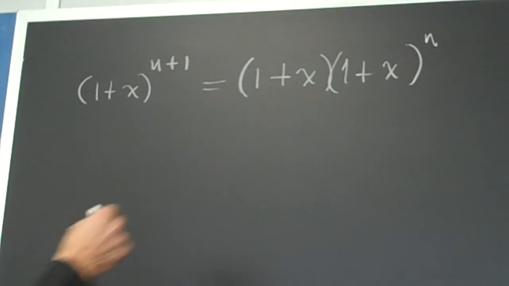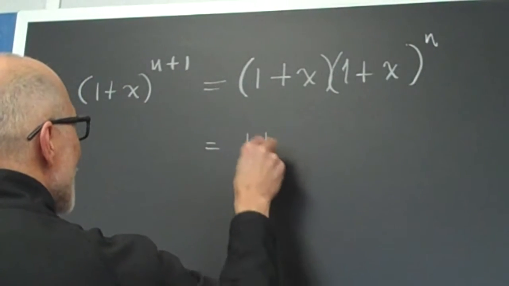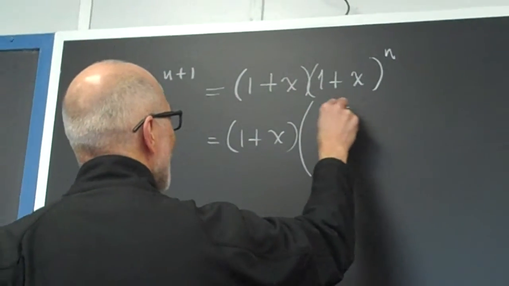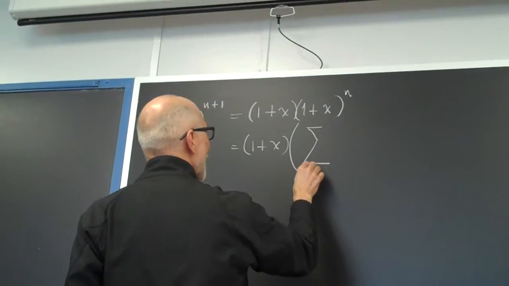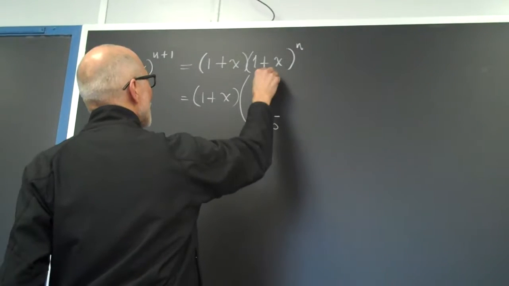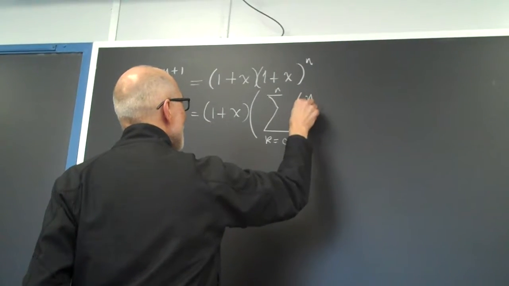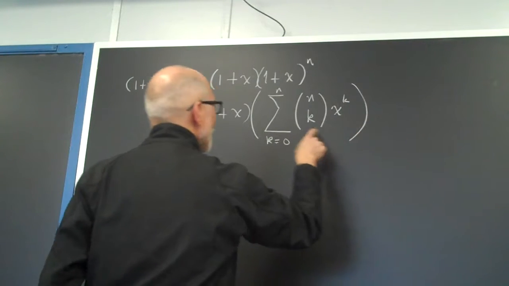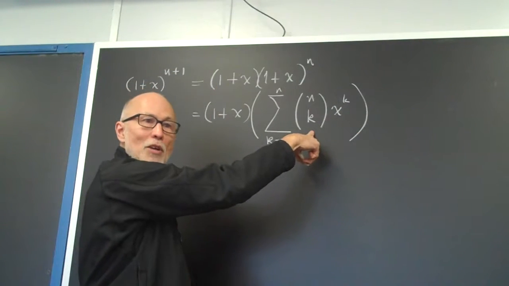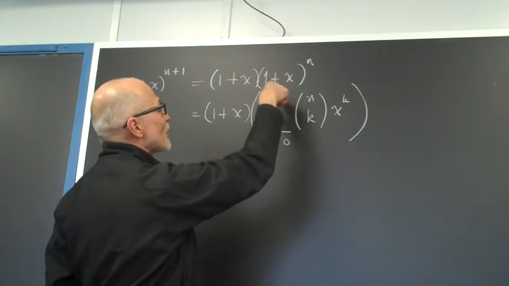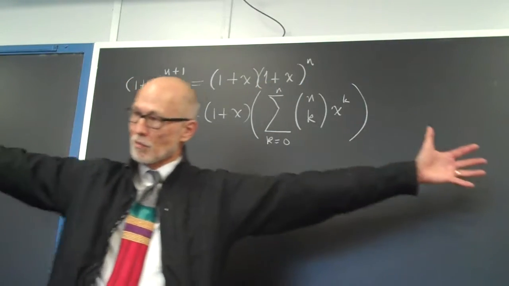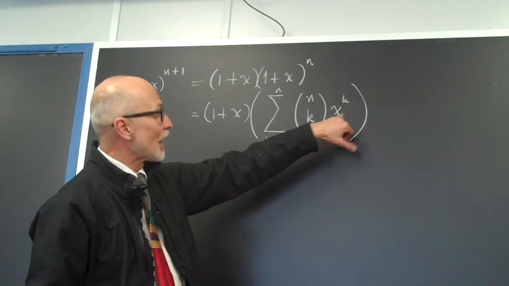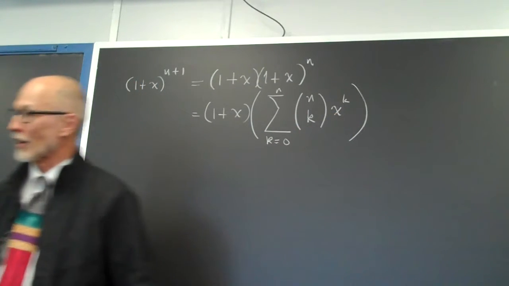Now, let me go a little hog wild with notation here, and let me write this as a summation of the powers. So these numbers here are the binomial coefficients. So I raised this up and I spread it all out, and the coefficient of the x to the k power is n choose k.